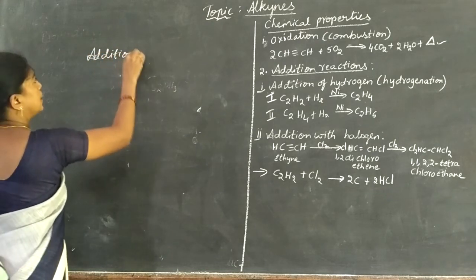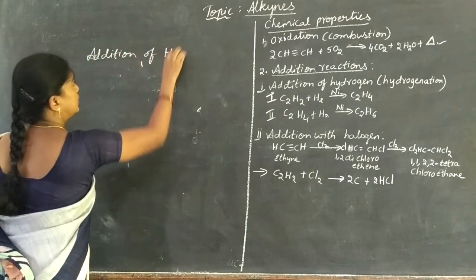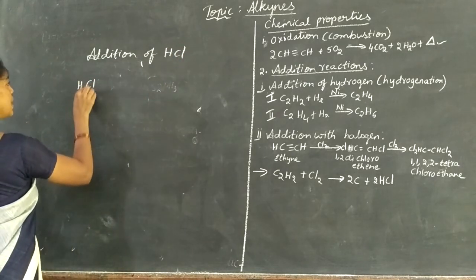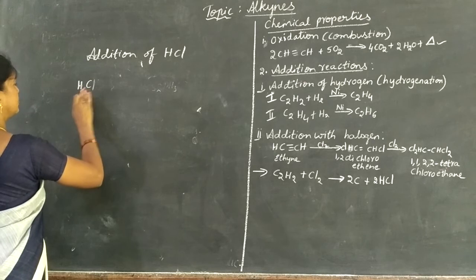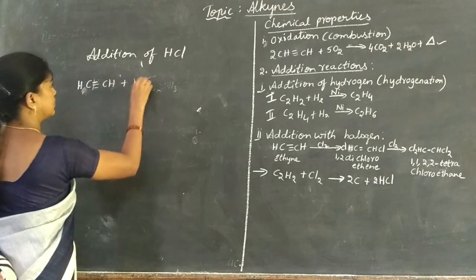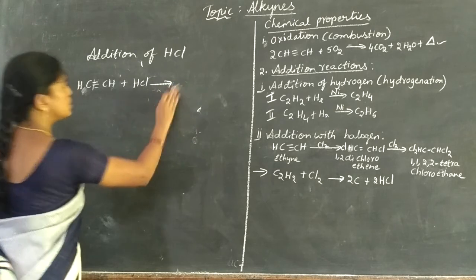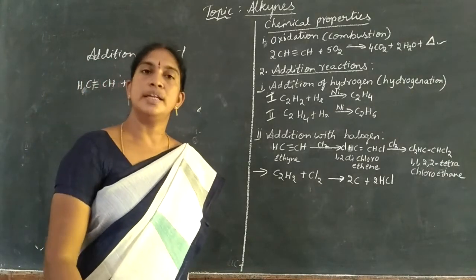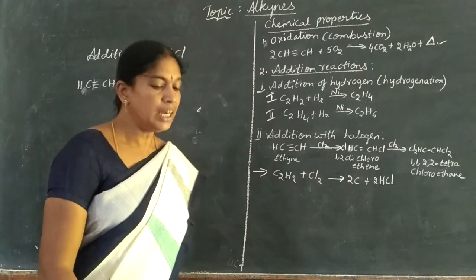Addition of HCl. That means if we are adding HCl, here also the same type of reaction will take place. First, the triple bond will be changed into the double bond.